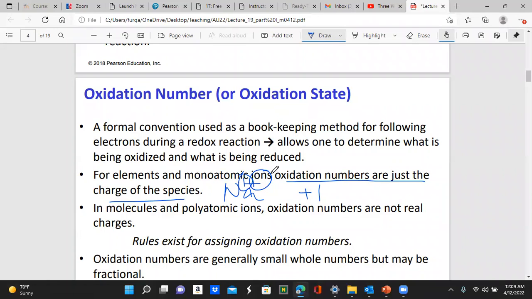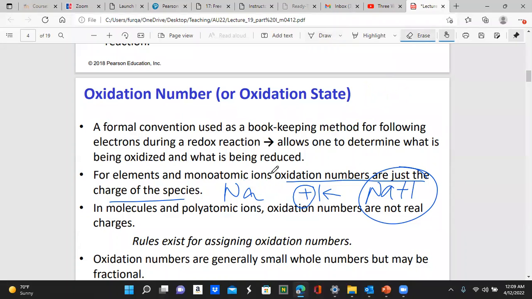For the oxidation state, we put the sign first and then we show the numeral. So if I write sodium 1 plus, I'm trying to show its ionic state. When I write sodium plus 1, I'm talking about the oxidation state of sodium. It's plus 1 right now.